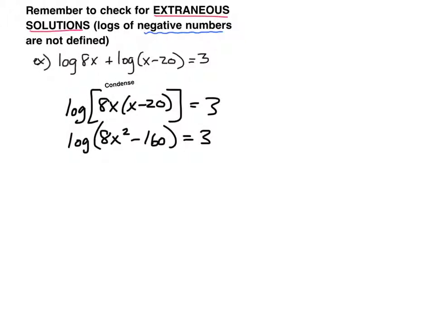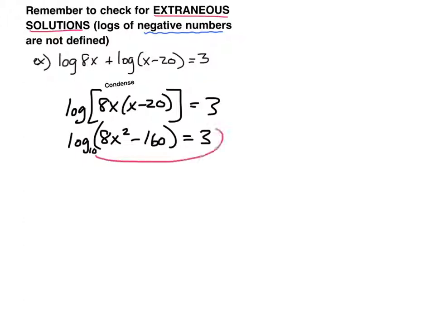Now that we've condensed the log and we just have this log isolated, I'm ready to do the loop. I have to do the loop because I have a log only on one side of the equation. So what's the base of my loop? 10. Yeah, this is base 10, because it's a common log.